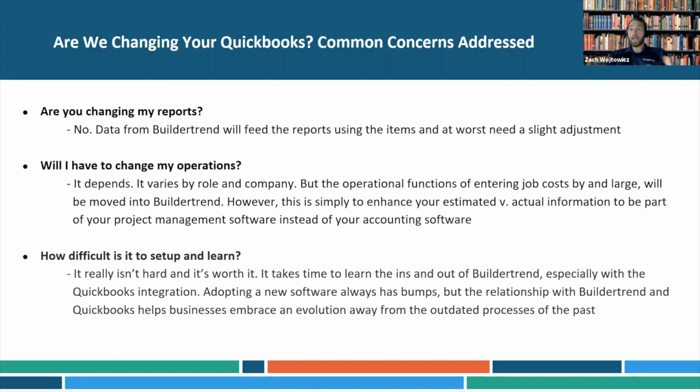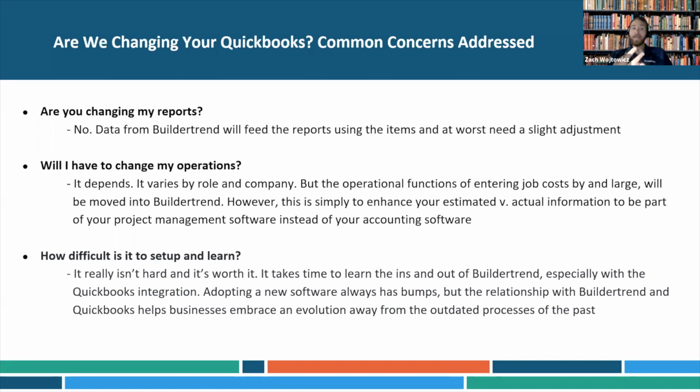Or you might have project managers who are responsible for managing their budget, and that's really how Buildertrend is assuming that you have people in place on the operations side, not the bookkeeping side, who are tracking how much they've paid on the POs, who are managing what their targets are from a budgetary standpoint. So Buildertrend becomes the enhanced version of estimated versus actual. Where is that information?